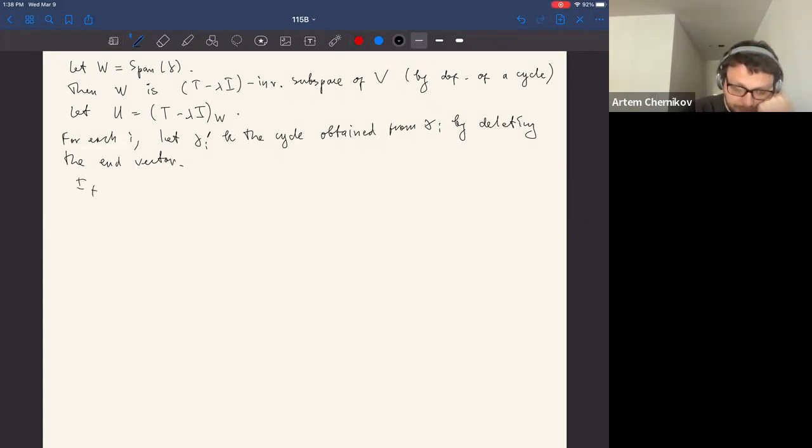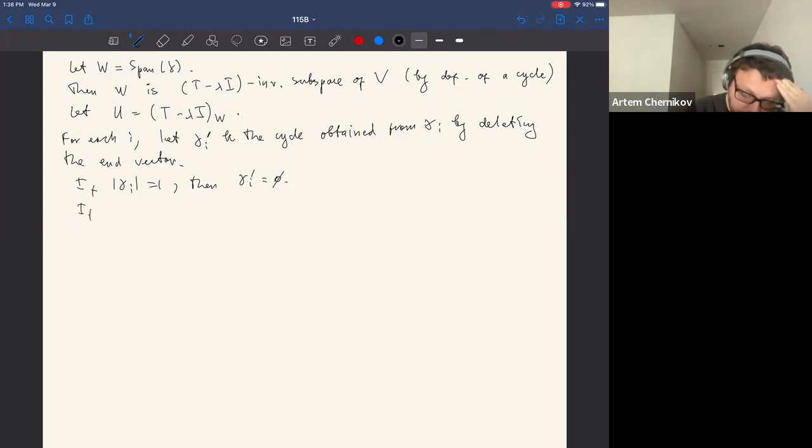So if the size of gamma i is equal to 1, then gamma i prime is going to be empty, because if I delete the single vector from gamma i, I'm going to be left with nothing.